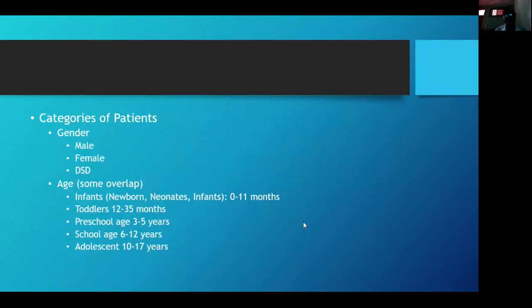Then again, you have wider categories of patients. For instance, in terms of gender, we speak about children being male, female, or even DSD, which are children whose gender cannot be determined at the time of birth, and they have problems with their sexual development.